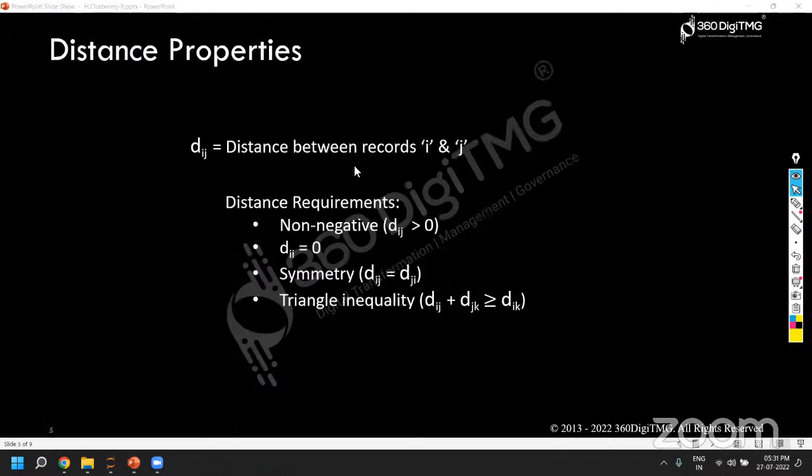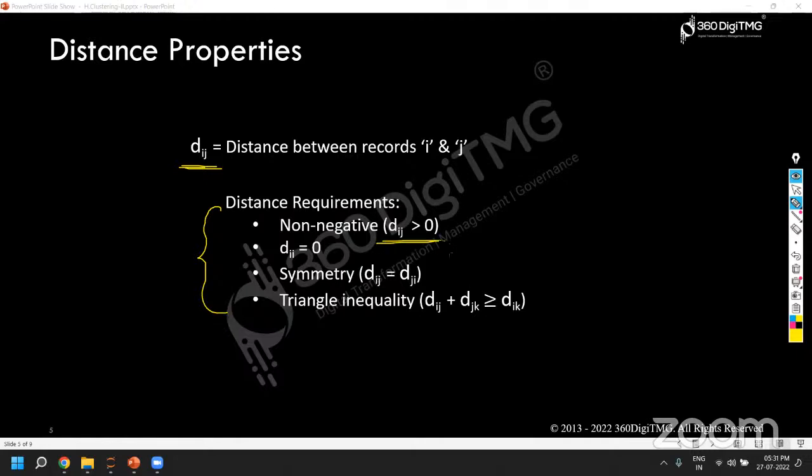Now, when we talk about distances, the formula that we have used is the Euclidean distance formula. Okay, and before we proceed with the formula and the calculations, we need to understand certain things with respect to distances. These are the properties that you need to remember.